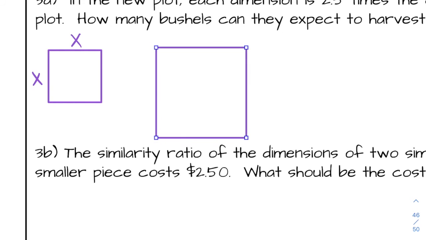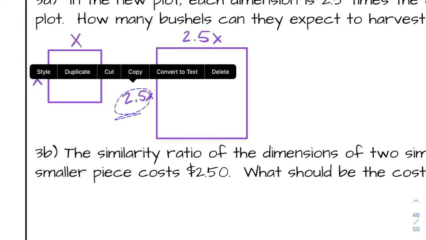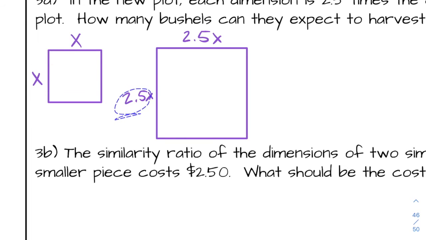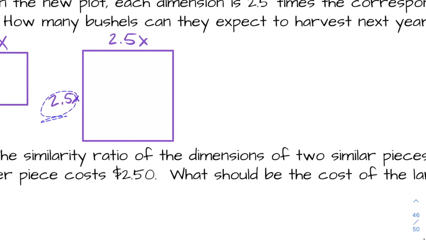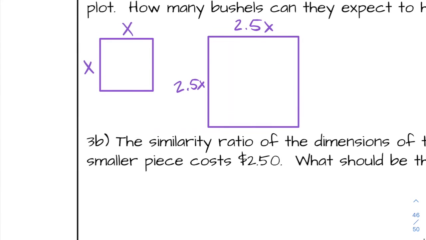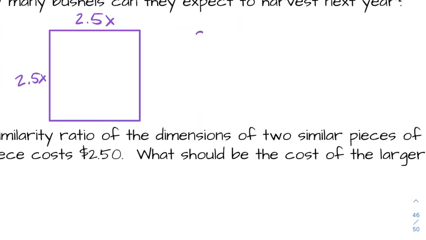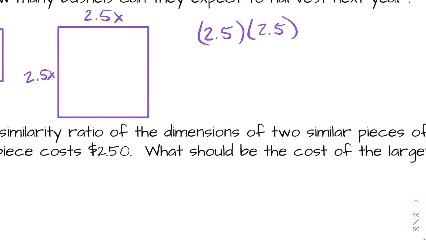So let's say 2.5x and 2.5x, because I don't know what x is. I could call it x and y, but I'm just going to call it that. It grew 2.5 in both directions. So 1 times 1 is 1. What's 2.5 times 2.5? That is 6.25.